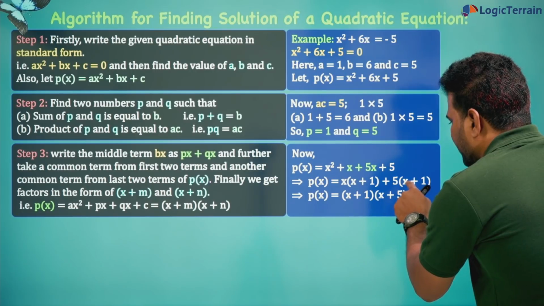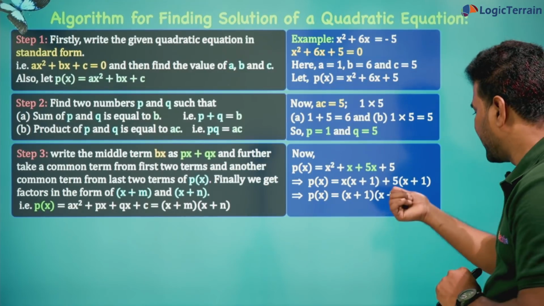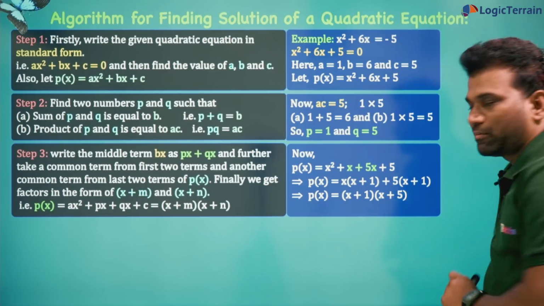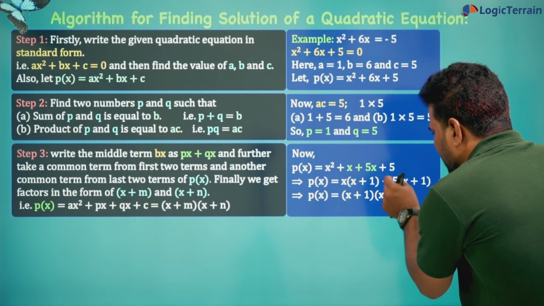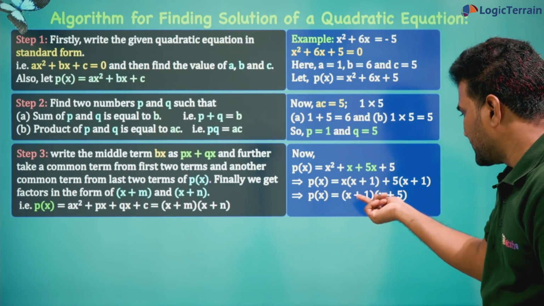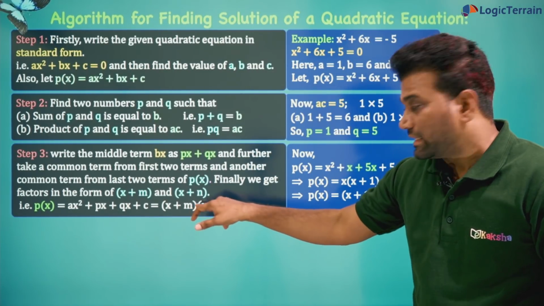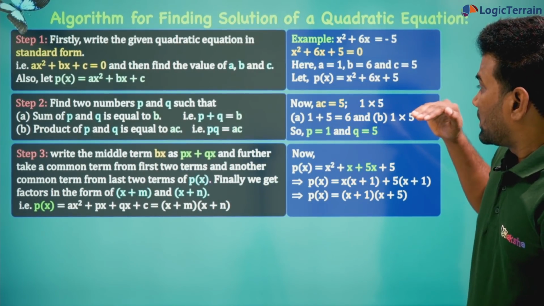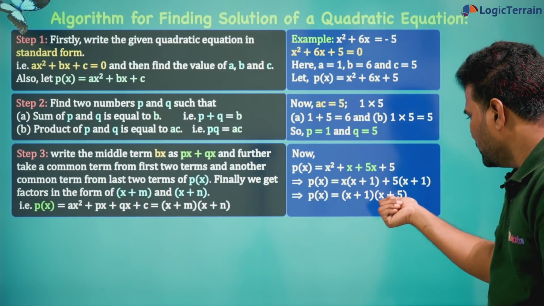Here we are left with x, here we are left with 1, so 5 times x plus 1. Again from these two terms we have x plus 1 common. On taking x plus 1 common, here we are left with x, here we are left with plus 5. So p of x is equal to x plus 1 into x plus 5. Look at what we have got, the form x plus m into x plus n. So on factorizing this polynomial, we have got x plus 1 into x plus 5.